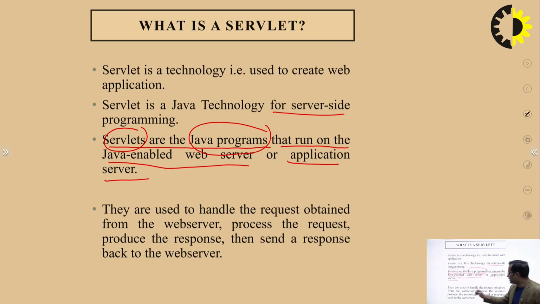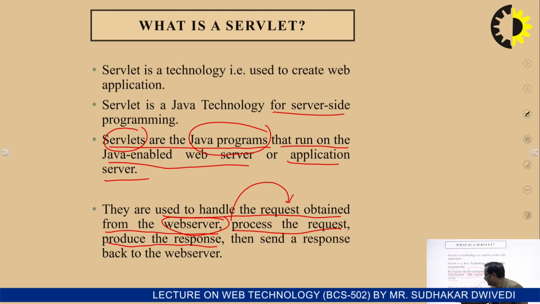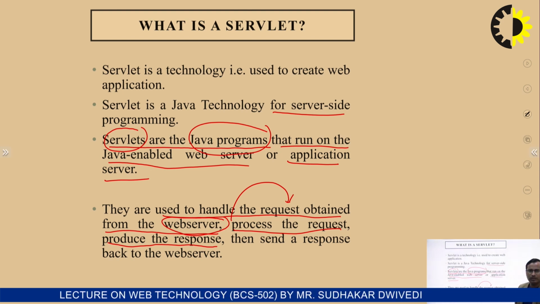That means the servlet is used to handle the request obtained from the web server. Then the servlet processes the request, produces the response, and sends the response back to the web server.